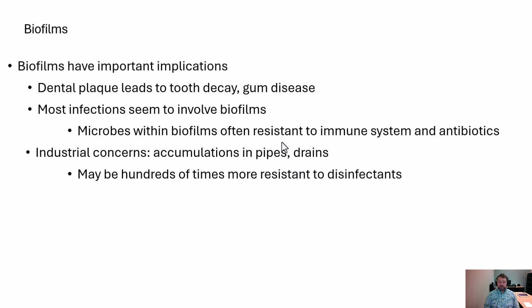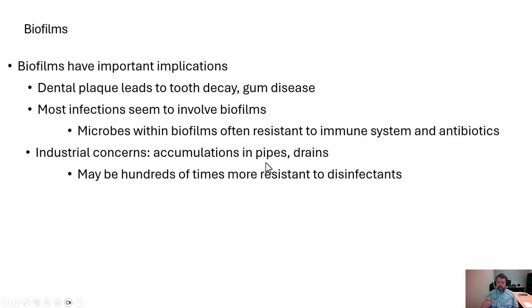And so, of course, there's other concerns like accumulation in pipes, and a lot of those organisms that are accumulating in pipes and drains and things like that, they can produce toxins too. So you can get toxins that are popping up in the water. They can also degrade the pipe.